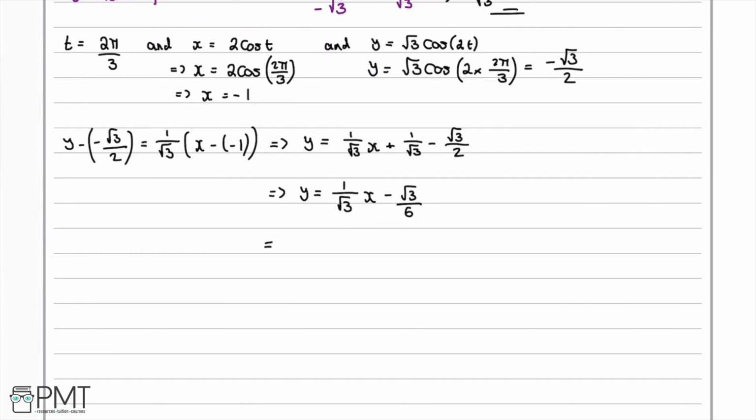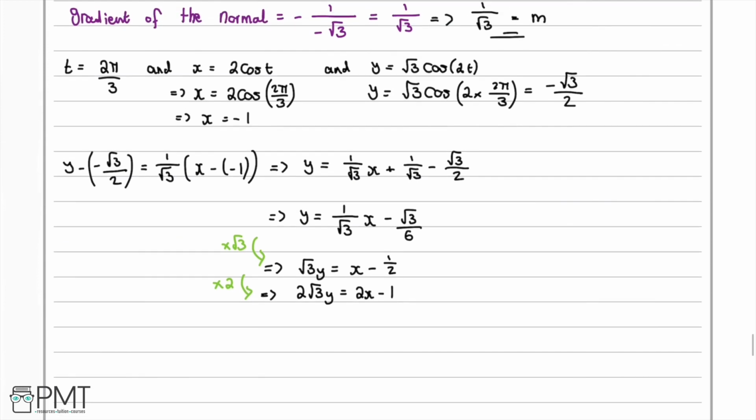So multiplying everything by root 3, we'll first get that root 3y is equal to x minus 1 over 2. We'll then multiply everything by 2. So just to remind you, at this stage here we're multiplying by root 3, and then at this stage here we're going to multiply it by 2. So that will then leave us with 2 root 3y is equal to 2x minus 1.